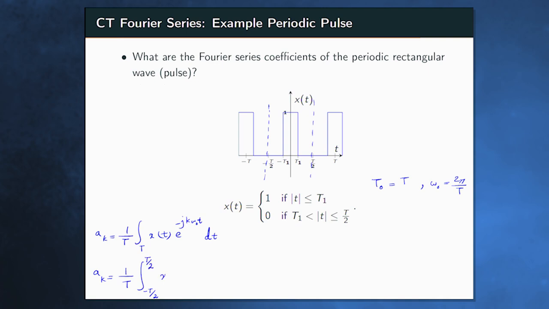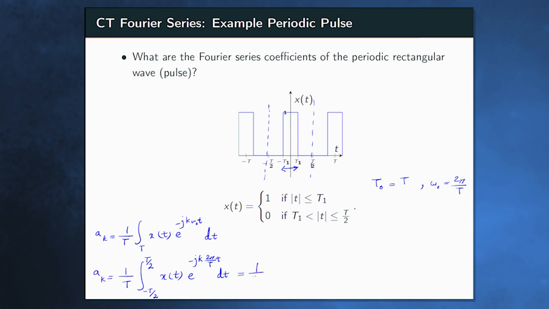And then it's going to be x of t multiplied by e to the minus j k 2 pi over T multiplied by t, dt. Okay, so x of t is only non-zero between negative T1 and T1 in here, and the value of x of t in that period is equal to 1.